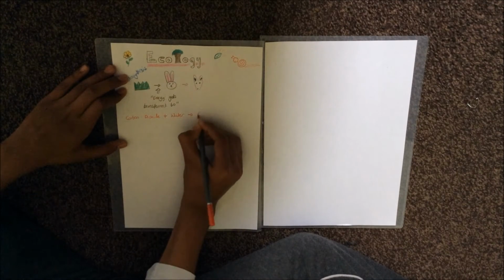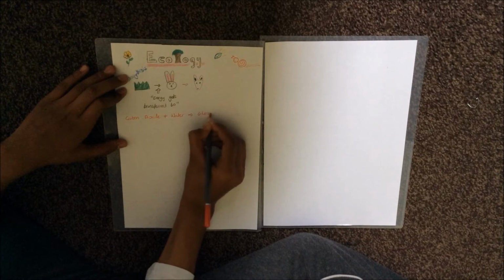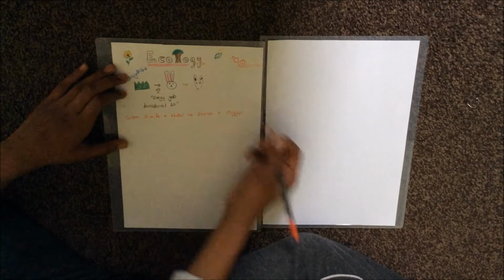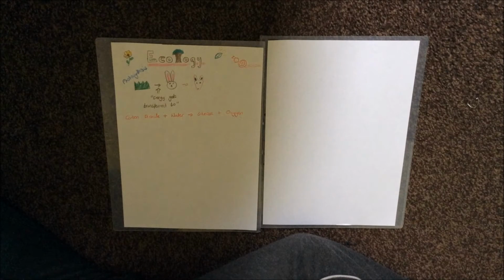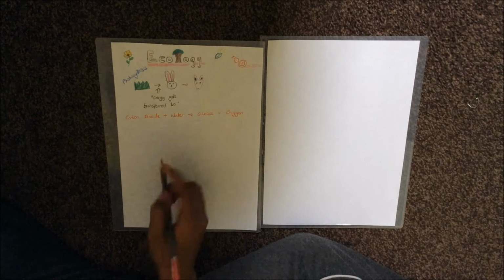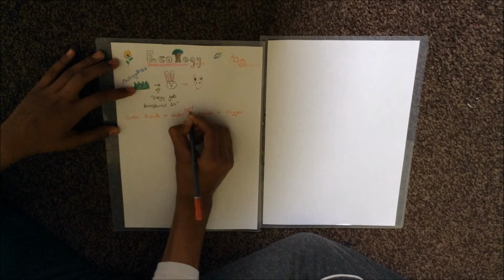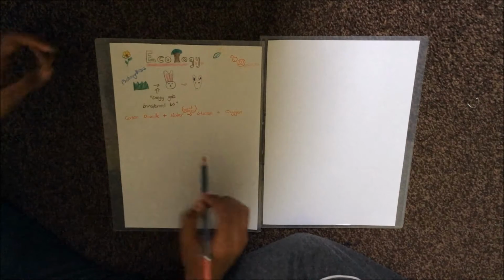That's turned into glucose and oxygen by the plant. Okay, so that is the formula for photosynthesis. We'll put the light energy in brackets over here. So that light energy is absorbed and then turned into glucose.